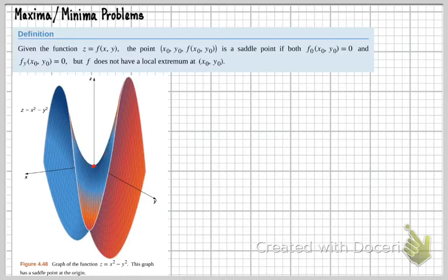Now keep in mind, this is still a critical point because my partials equal 0 at that point. So first, if my gradient is 0 there, that tells me it's a critical point.